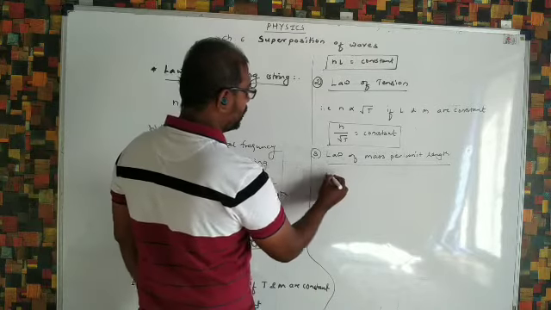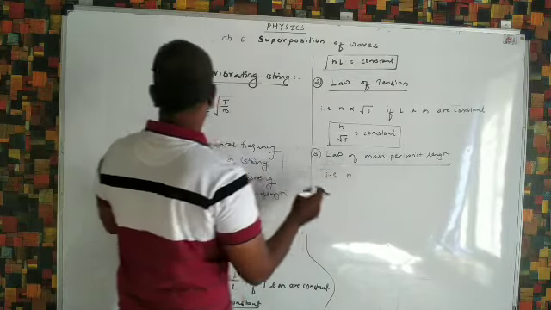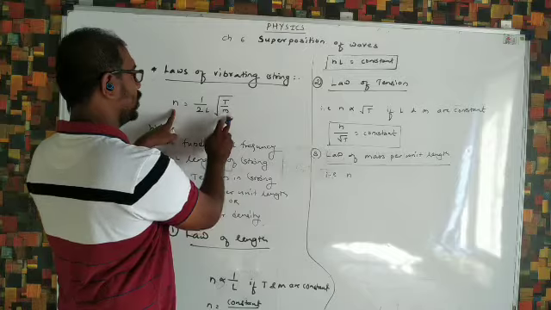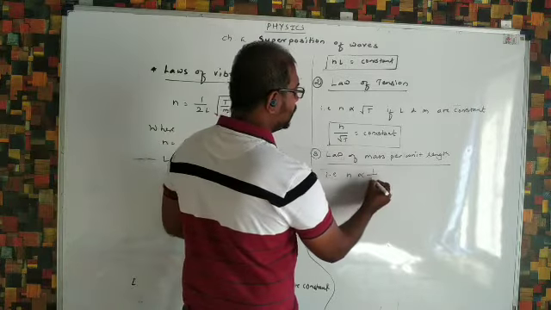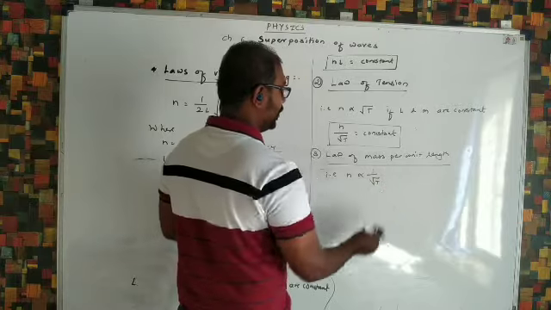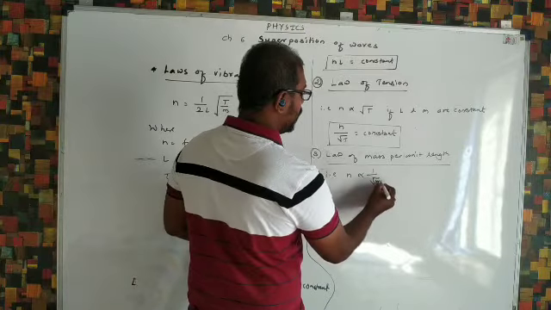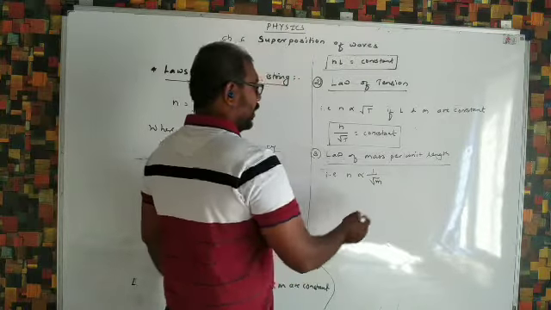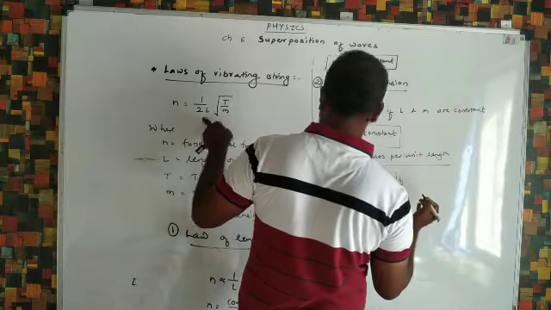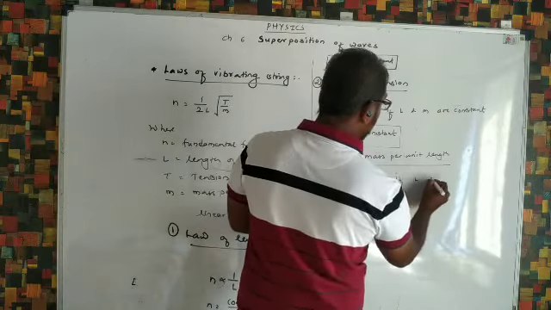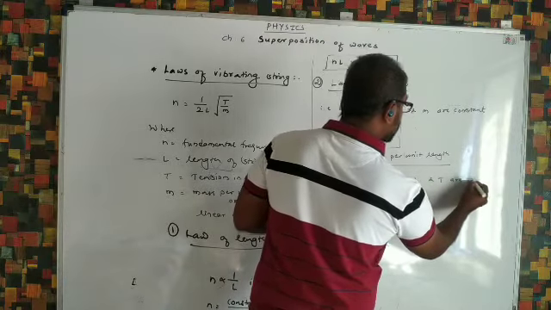It is a relationship between n and m. By the formula, n is inversely proportional to square root of m, if the other two, L and T, are constant.